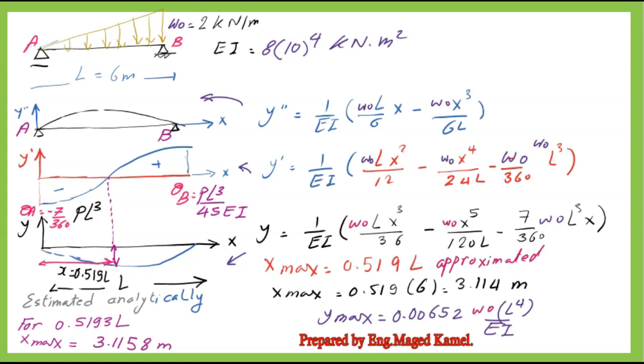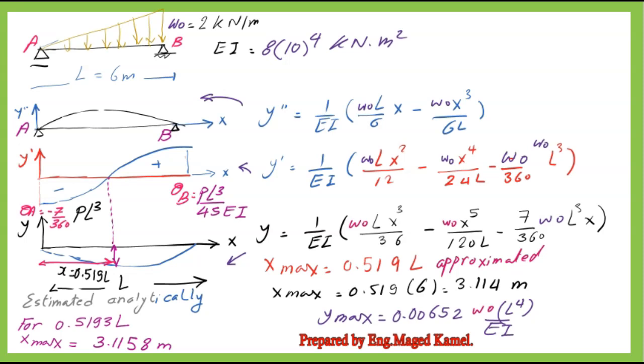While for the third equation, y equals 1 over EI multiplied by W naught L x cubed divided by 36 minus W naught x to the 5 divided by 120L minus 7 over 360 multiplied by W naught L cubed x.